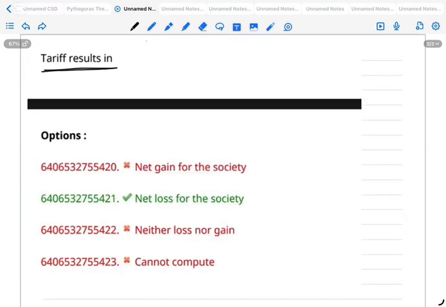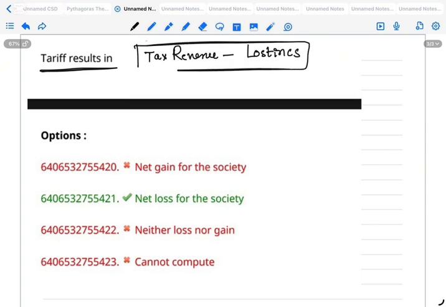They are asking to find the total effect of the tariff. We subtract the lost consumer surplus from the tax revenue. This is the formula: TR minus LCS.